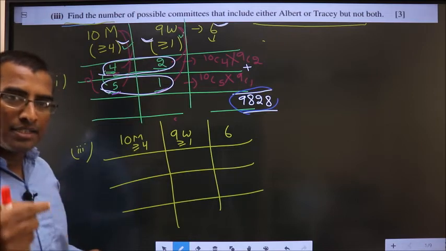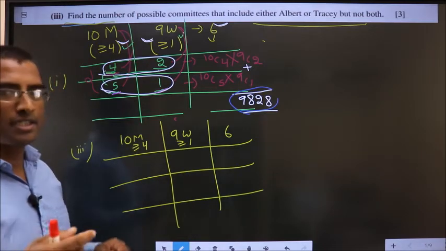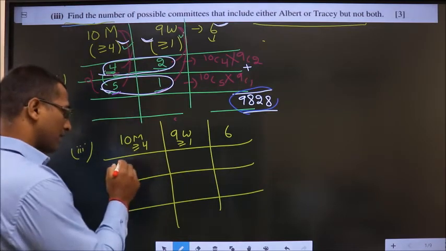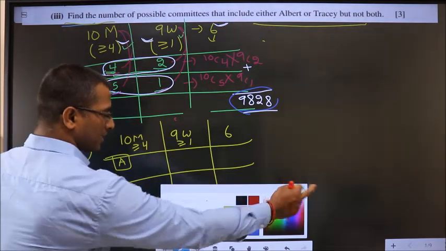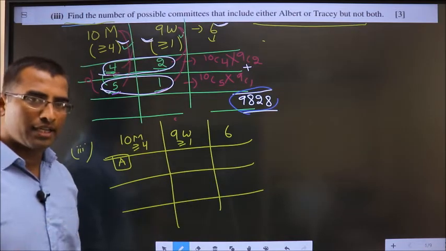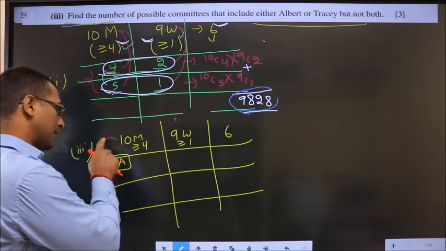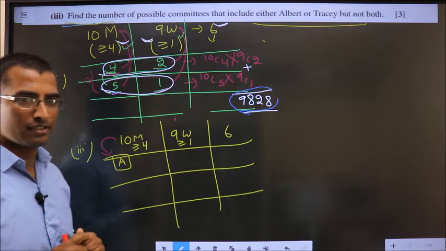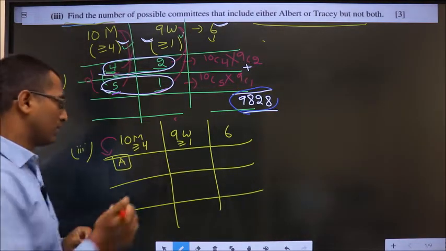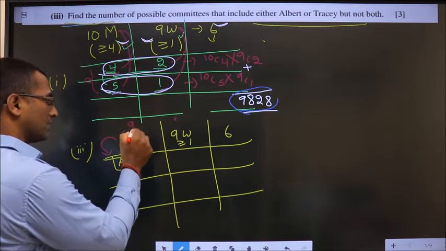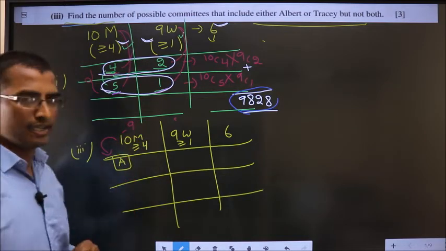When Albert is there in the selection, I am considering this situation 1. I want Albert to be present in my selection. That could happen if I take Albert from here and place it in my selection. Clear? So that will decrease the men count to 9 since Albert has been selected.